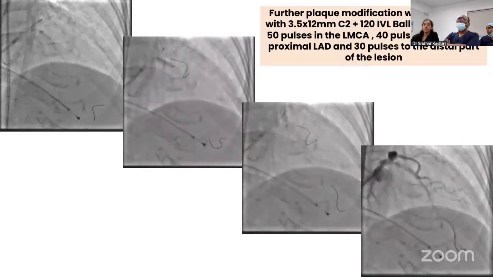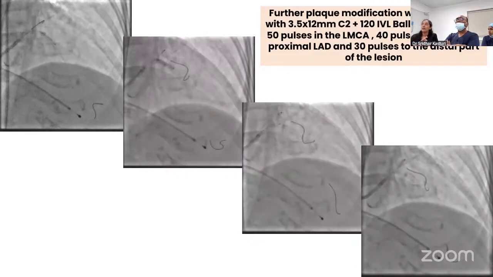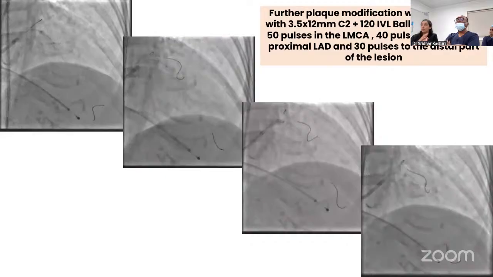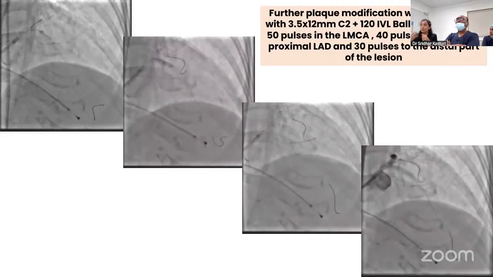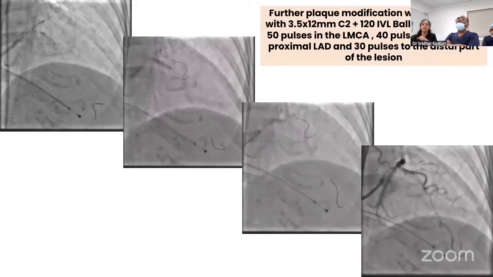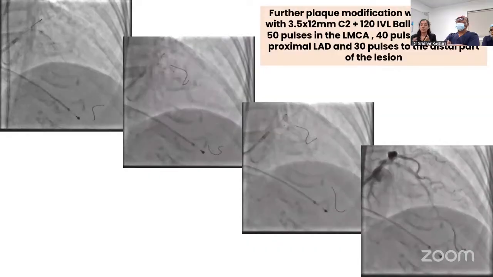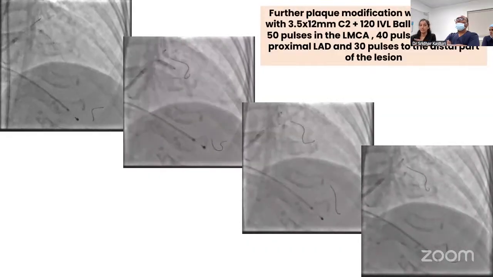So the IVL balloon has various mechanisms by which it ablates: mechanical, chemical, various other compressive forces, and the micro bubbles which are formed. It is very useful in cases of calcific nodules. Especially because in rota, we have that worry of wire bias, especially when there is a calcific nodule.